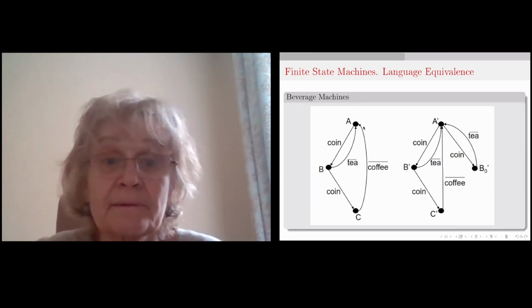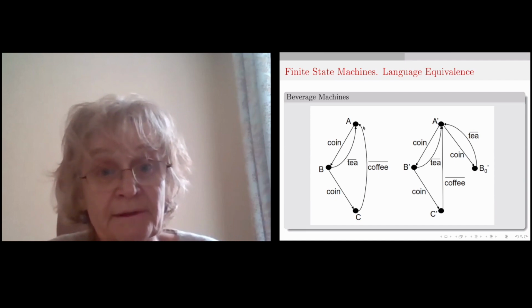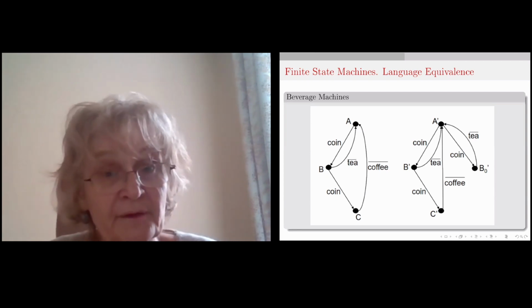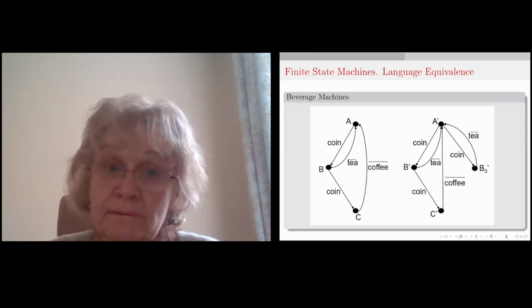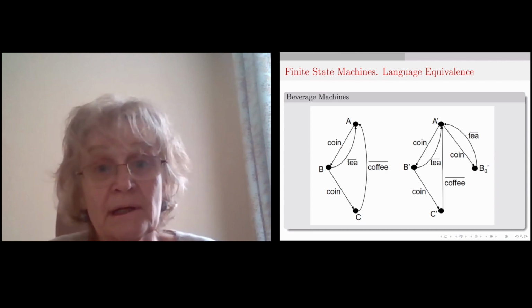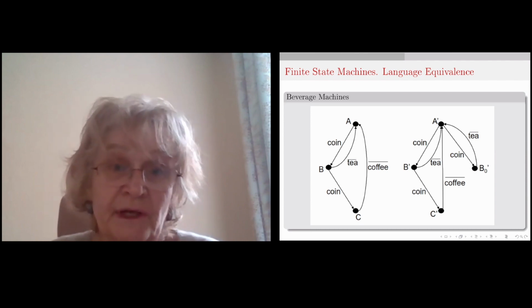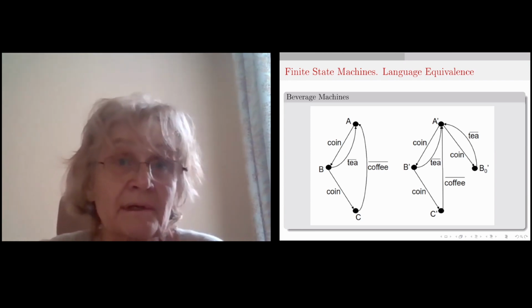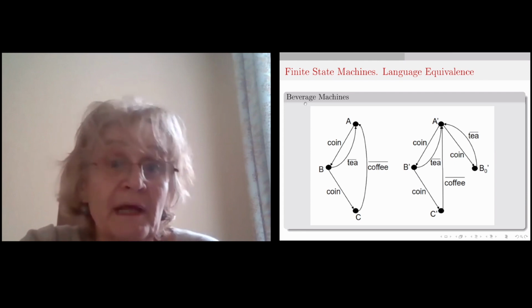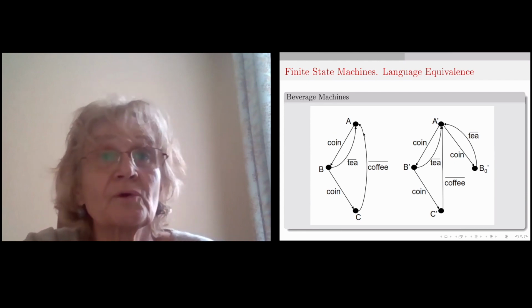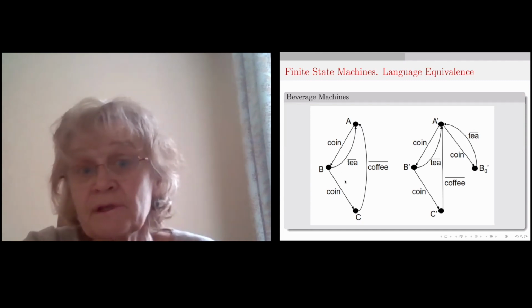In classical finite automata theory, we consider languages of finite words. We have final states, and words accepted by automata are just paths from initial states to final states. But when we are speaking about behavior, like here, we may have final states, but they are not very important. We can consider potentially infinite behavior.